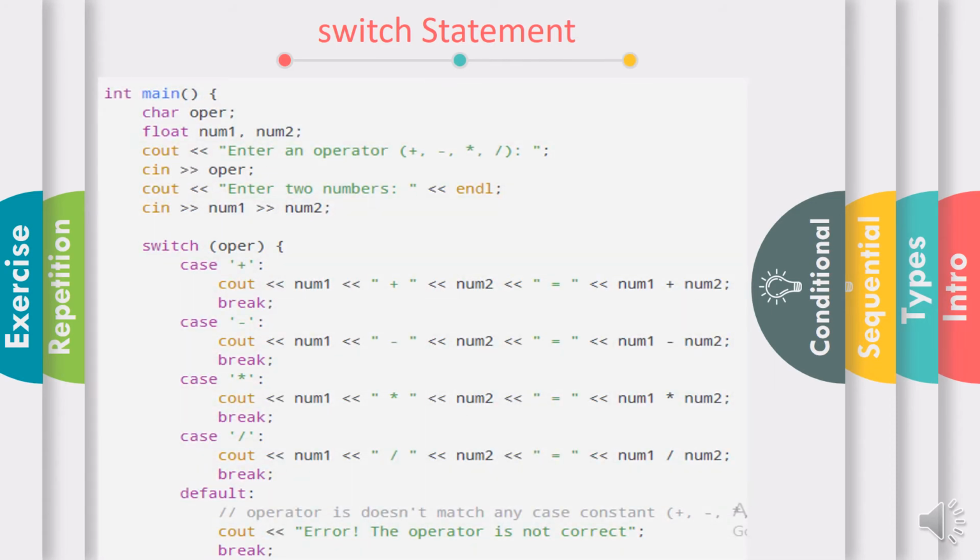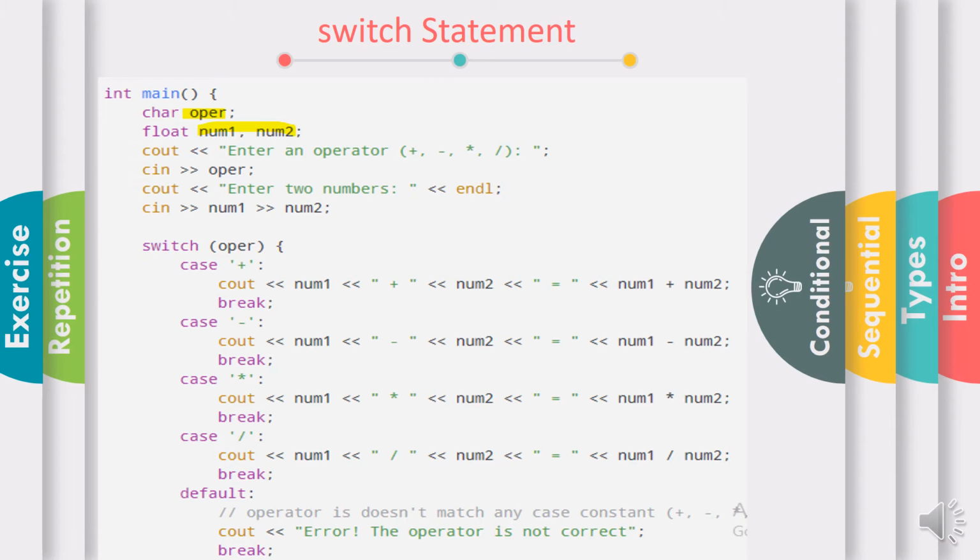Here is another example for the switch statement. In this example, we have taken the variable OPER of the data type character. This OPER refers to the operator word, and we have declared two more variables, number 1 and number 2. First of all, there will be a message on the screen: enter an operator, addition, subtraction, multiplication and division.